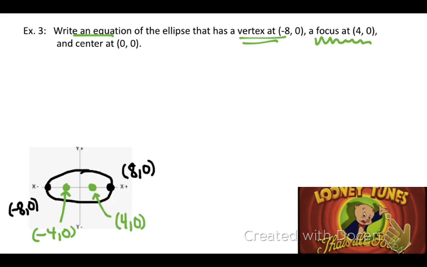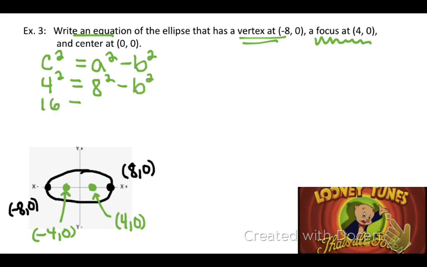Because the focus and the vertices are on the same line, we can see it's going to be horizontal, and I plotted it, so it is. And now we're going to have to solve for b. So we can do that by using c squared equals a squared minus b squared, and we can start to fill in our values. So our c value was 4, so 4 squared equals 8 squared minus b squared.